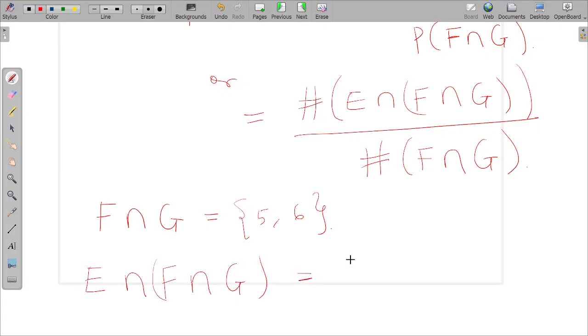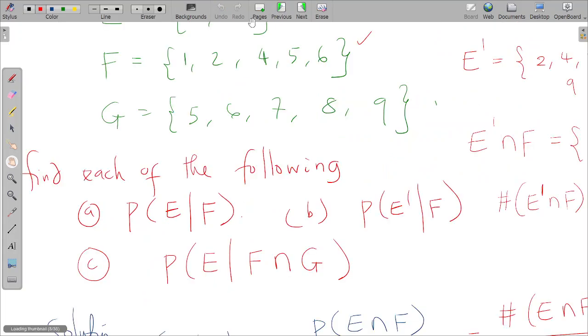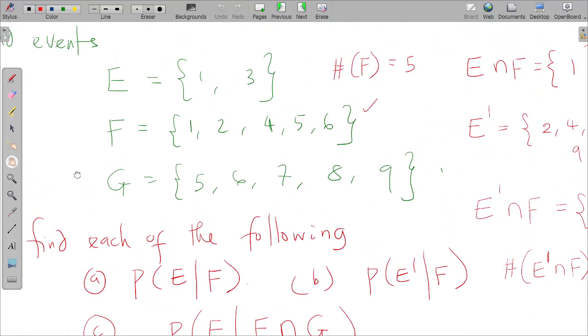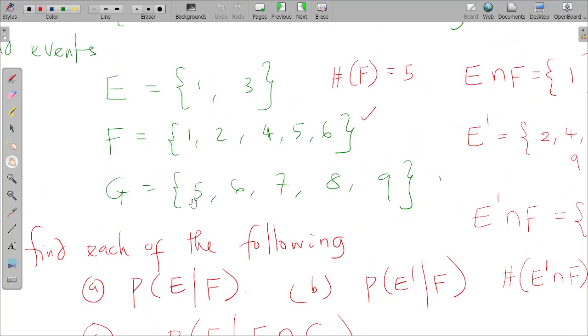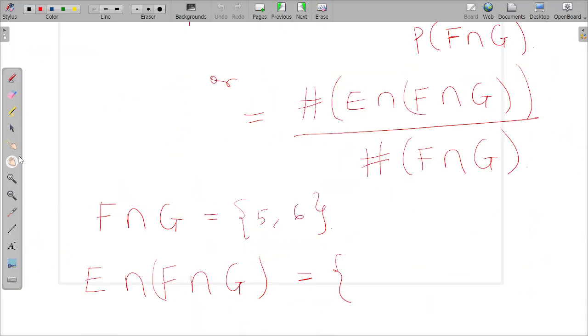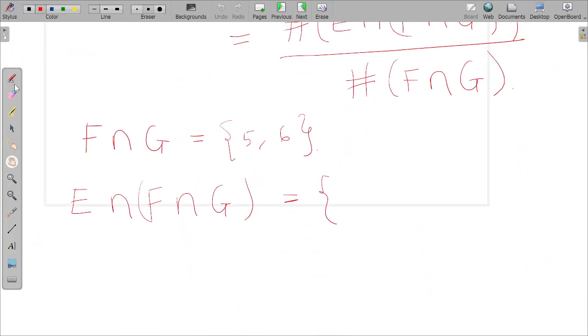We want to find that. This is F intersect G, and I want to intersect it with E. With E, 5 and 6, nothing intersects there. No intersection there, so that is empty.